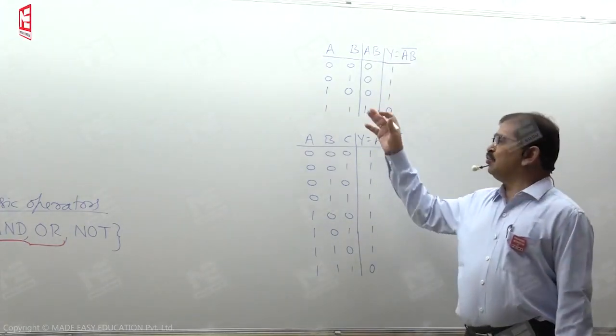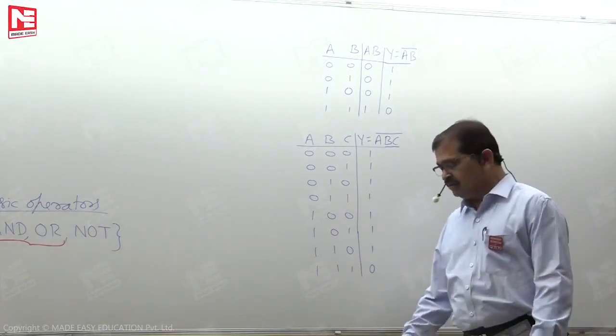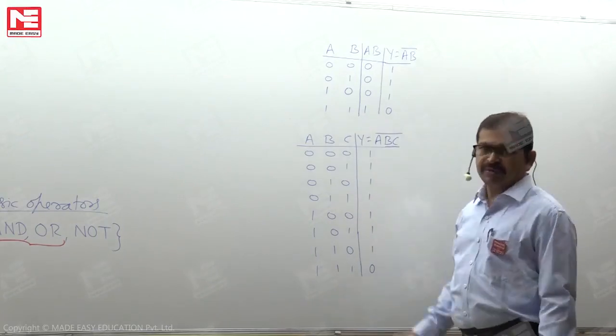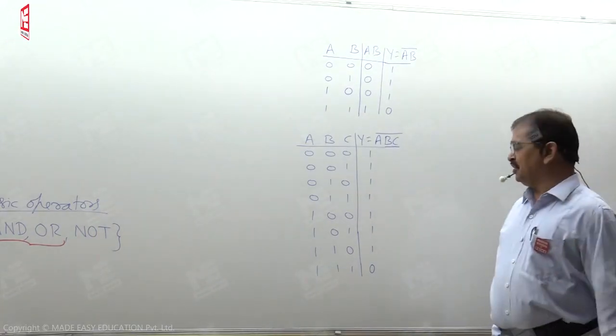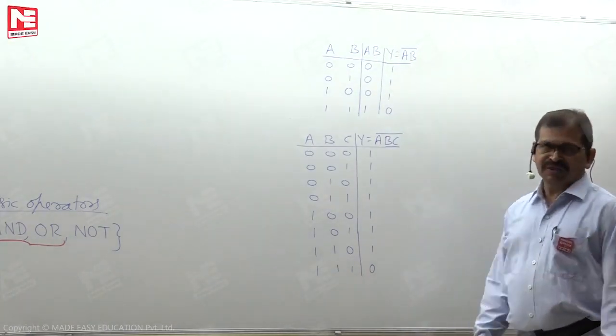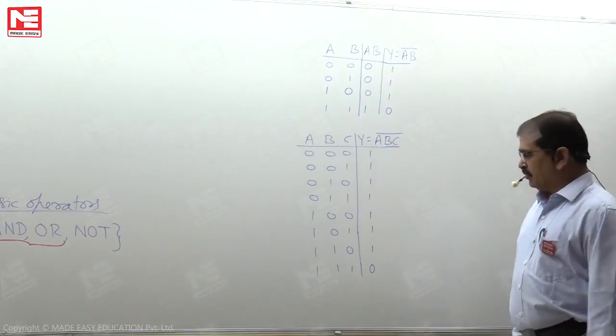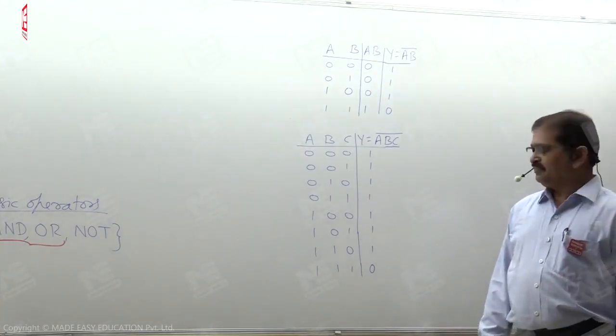Looking at the two variable and three variable truth tables, it is possible to state the NAND operation as: the result of NAND operation is 0 if and only if all the variables are 1. You can make a note.